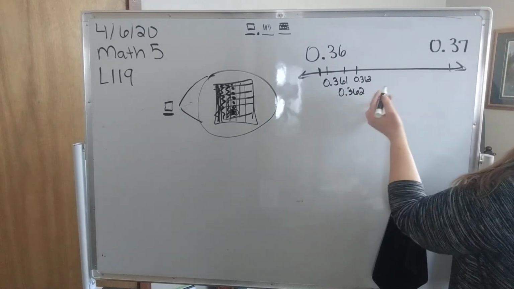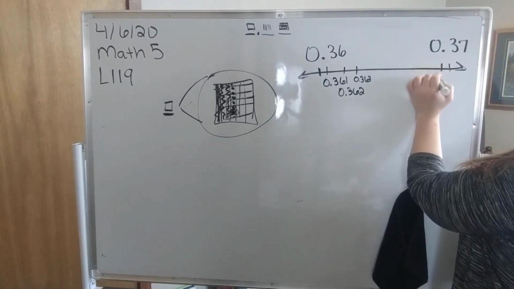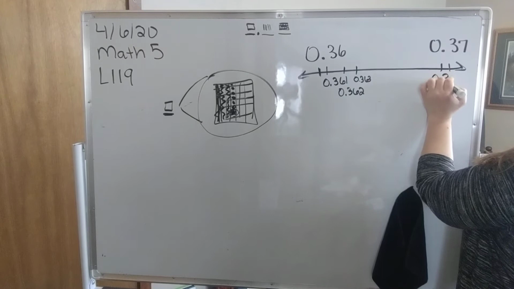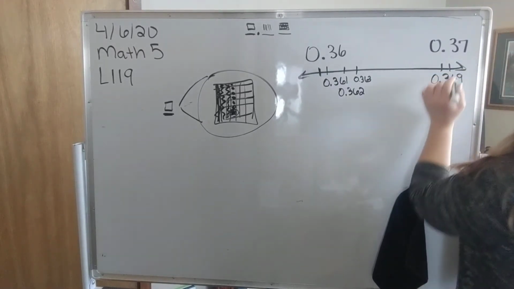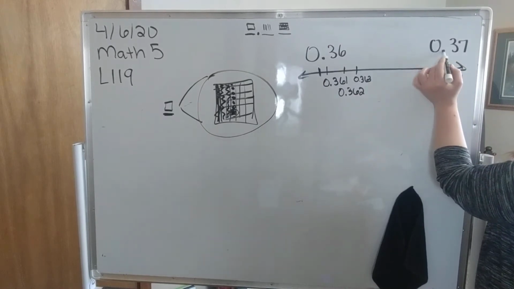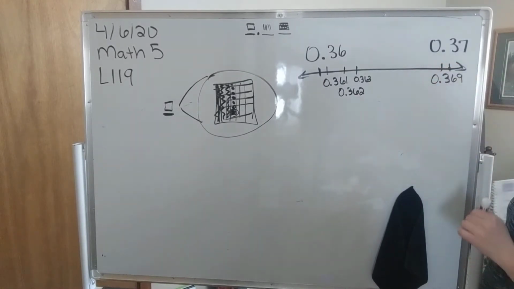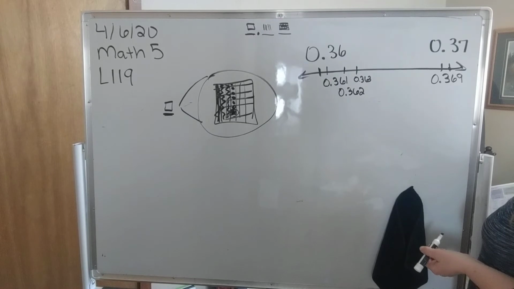Okay, so you can see how this goes on until we get right here. We would have 0 and 369 thousandths, because what is this one? This one is really 0 and 370 thousandths, or 37 hundredths.